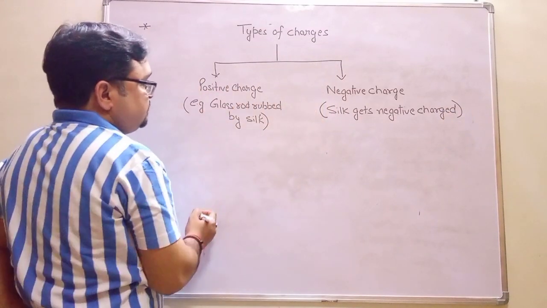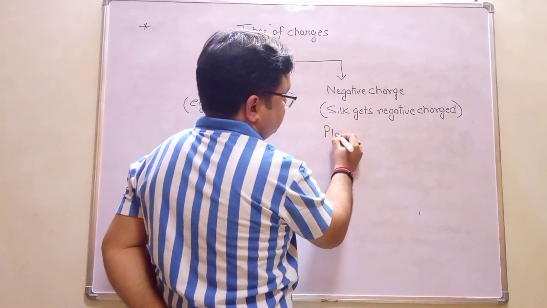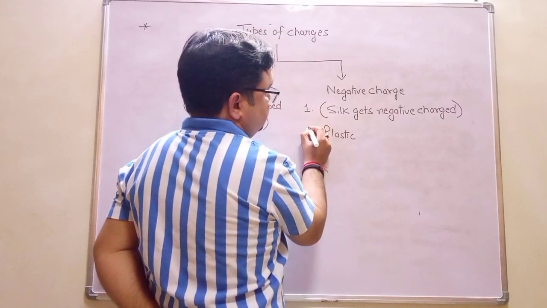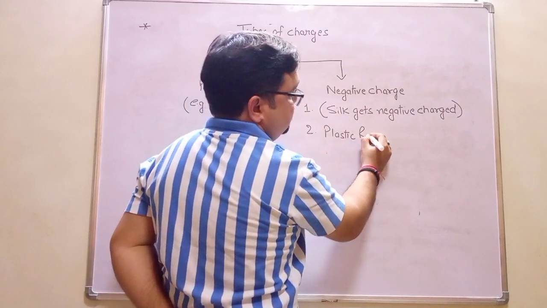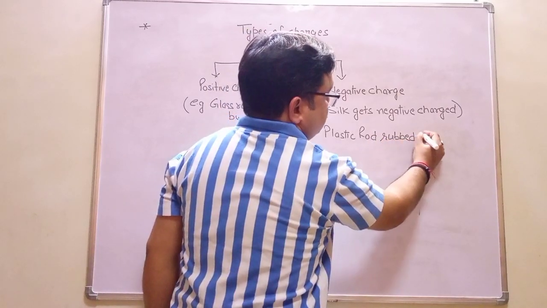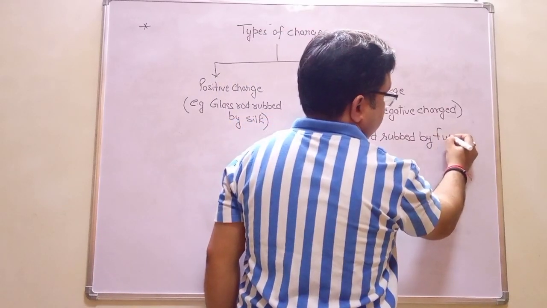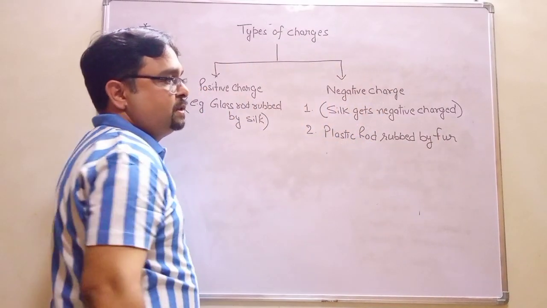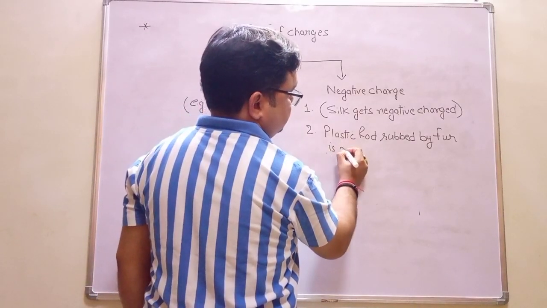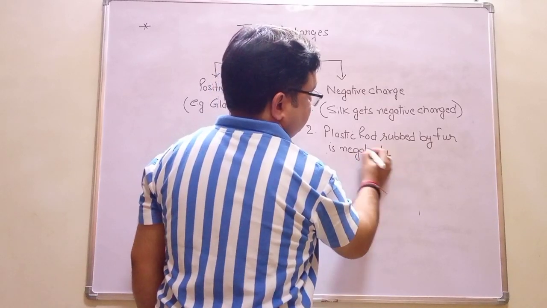Similarly, if I talk about a plastic rod, this is one example, this is second example. Plastic rod rubbed by fur. So plastic rod is negatively charged.